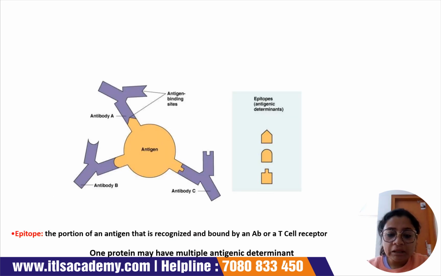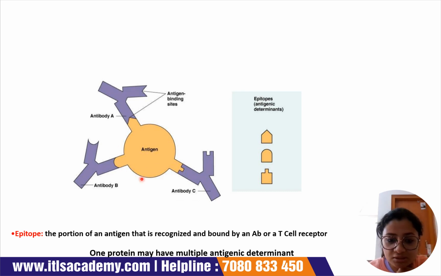Moving forward, this is a nice diagram of the epitope. Now one protein will have multiple antigenic determinants. Epitope is that portion of an antigen that is recognized and bound by an antibody or a T cell receptor.